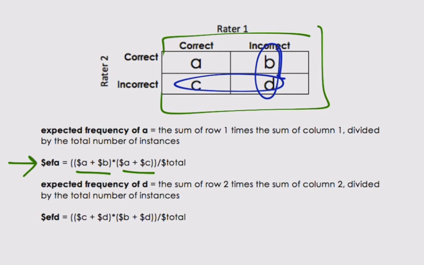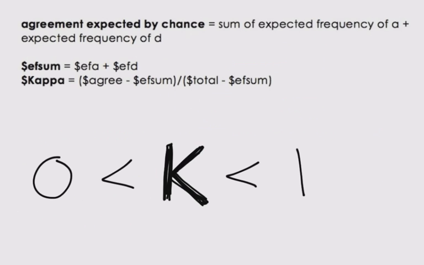And that's going to be adding up row 2 and column 2 in the same way and dividing it by the total frequency. This probably seems like a foreign language to you if you've never calculated kappa by hand before. But like I said, with that step-by-step direction, hopefully you should be able to follow these. I just wanted to give you an idea of what this process looked like.